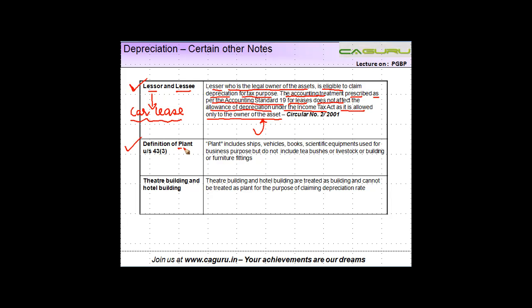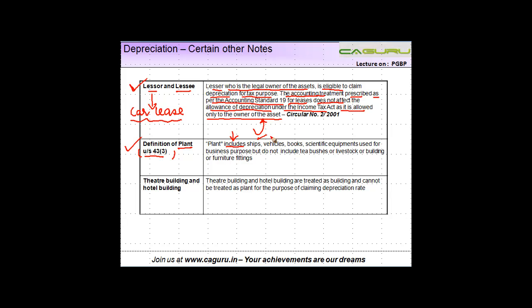Second, definition of plant under section 43(3). All along we've been looking at depreciation on plant and machinery. What do you mean by plant? This definition is given under section 43(3). Plant includes, again, please note, very important, it's an inclusive definition. So even beyond these things, there could be certain other stuff which has to be included within the definition of plant.